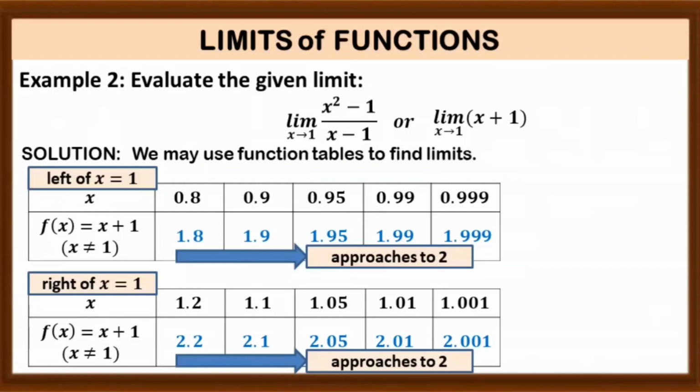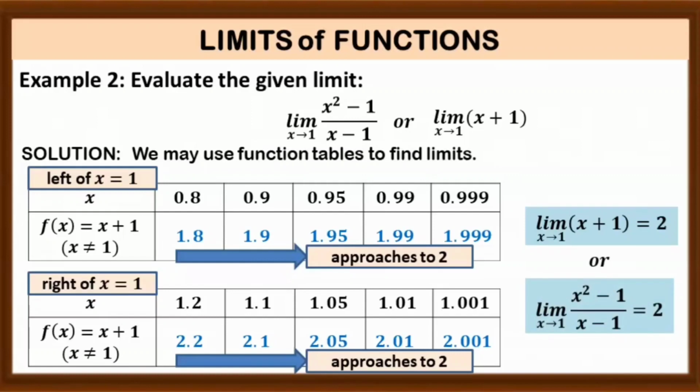From 2.2, it jumped to 2.1, 2.05, 2.01 to 2.001. So, we conclude that the limit of x plus 1 as x approaches 1 is equal to 2. Or we say that the limit of x squared minus 1 all over x minus 1 as x approaches 1 is equal to 2. Alright, let's have the third and last example.